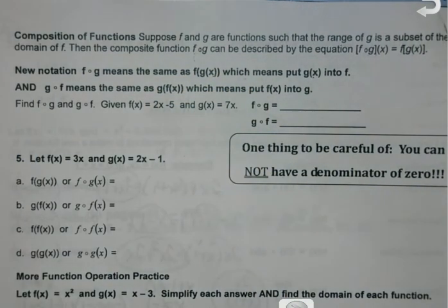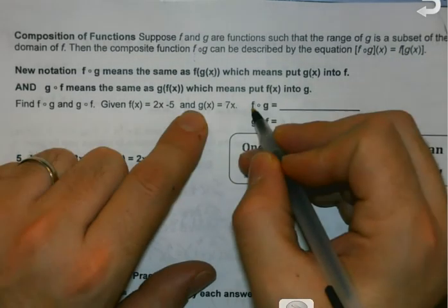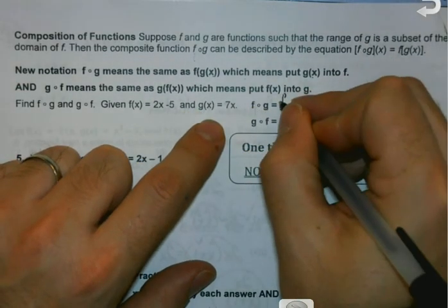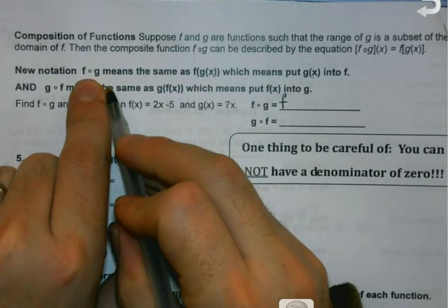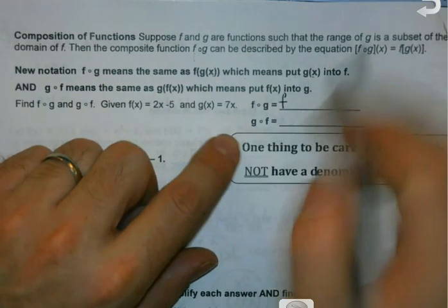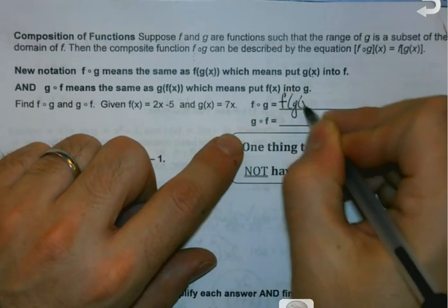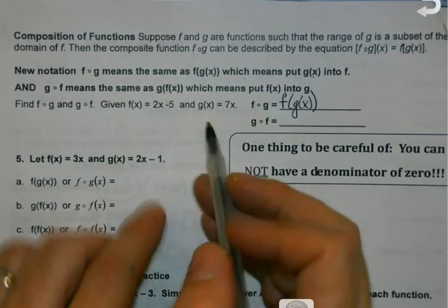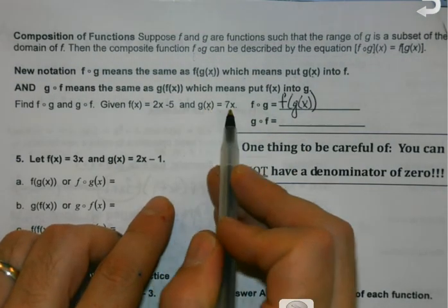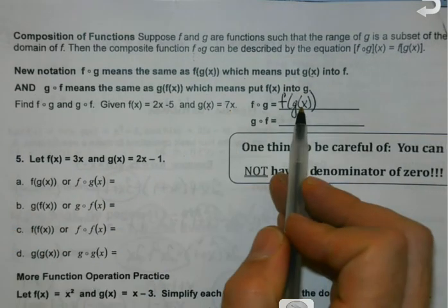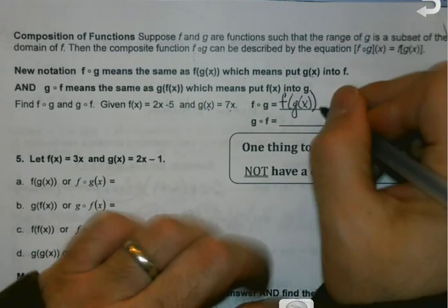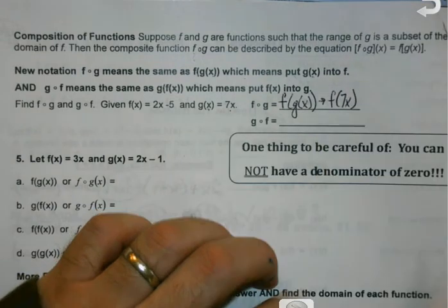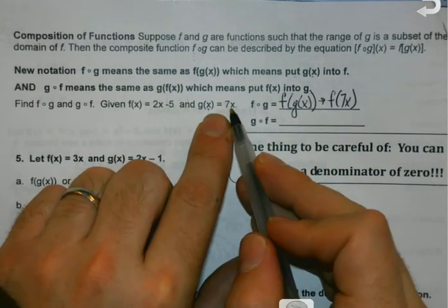You're like, what? Okay, so in other words, when it says f of g, I'm going to plug g of x, and I'm just going to rewrite it this way for a second. Because if I gave you a value, like 3, you'd plug 3 in where x goes. Well, now I want you to plug g of x in there. So here's what that means. I want f of 7x, because that's what g of x is.